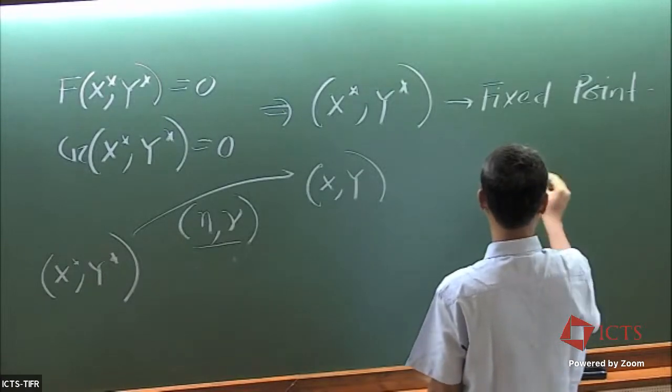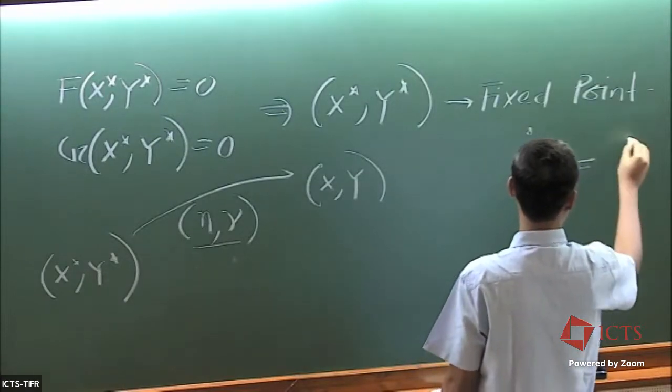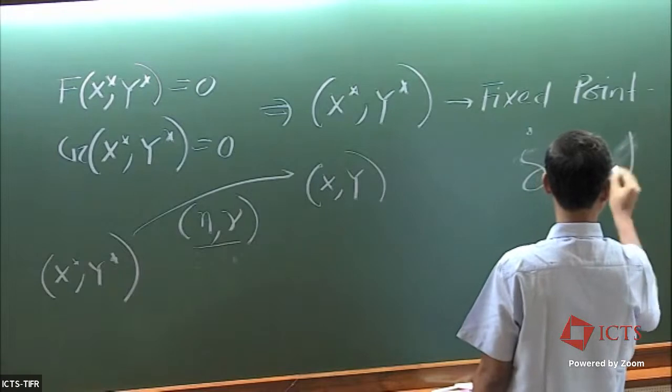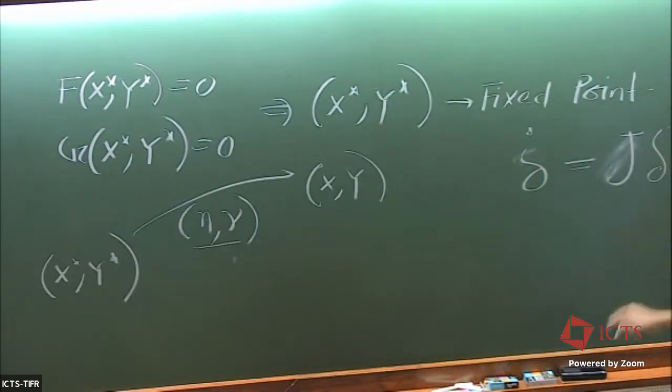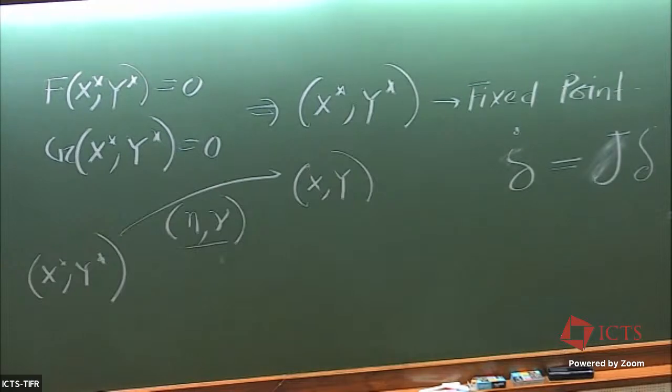Let's say delta dot equals J delta. I will not talk about it because I will mostly keep myself in the framework of saddle-node bifurcation, widely studied for critical transitions.